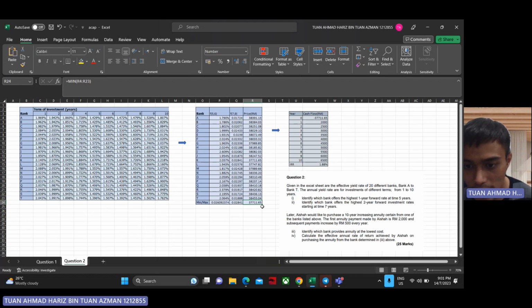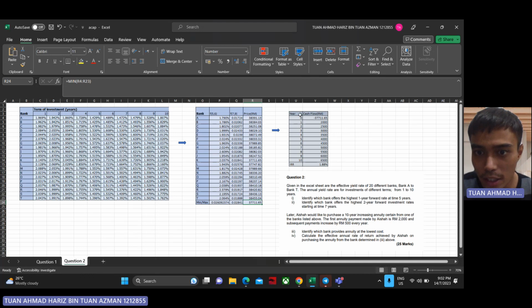And then the last question asks us to calculate the effective annual rate of return achieved by Aisha on purchasing the annuity from the bank determined in 3 above. All right, so how we calculate the IRR, which is the effective annual rate of return. Okay, in Excel, we have to construct a new table consisting of year and cash flow.